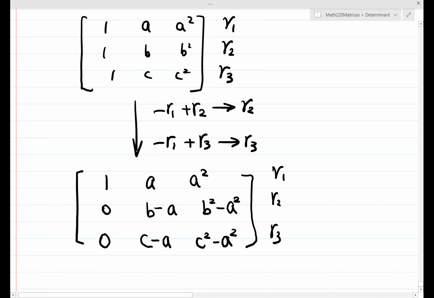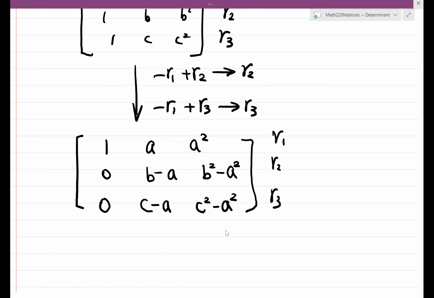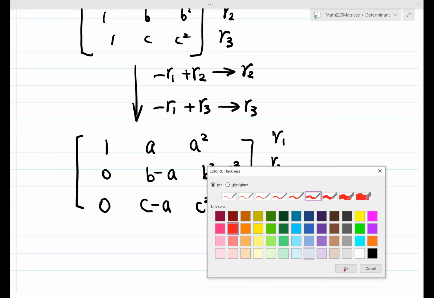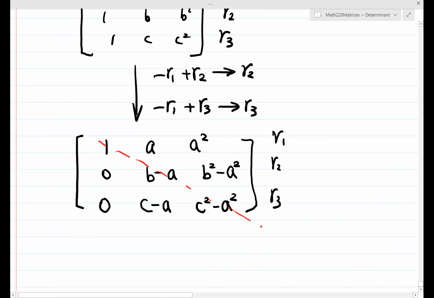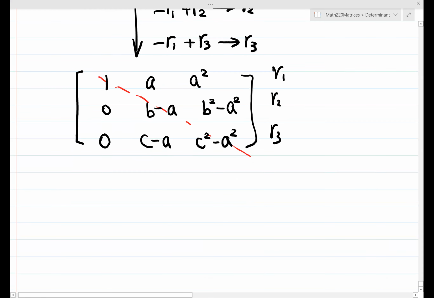Now we have the zeros in the first column, so we only need to look at the main diagonal: 1, b minus a. We have only one nonzero entry below the main diagonal, the second entry in R3, which is c minus a. We will try to cancel that c minus a in R3. Remember, we assume a, b, c are pairwise distinct.